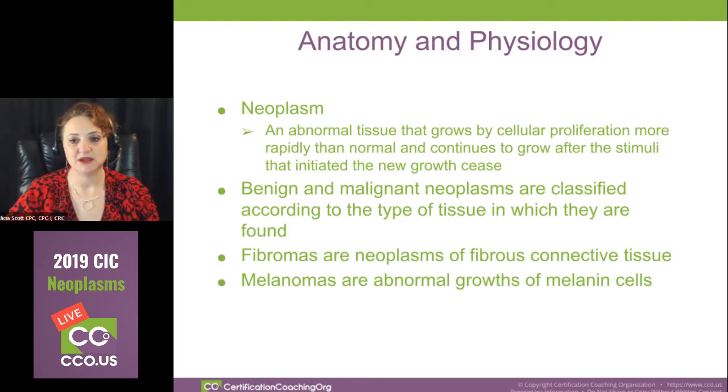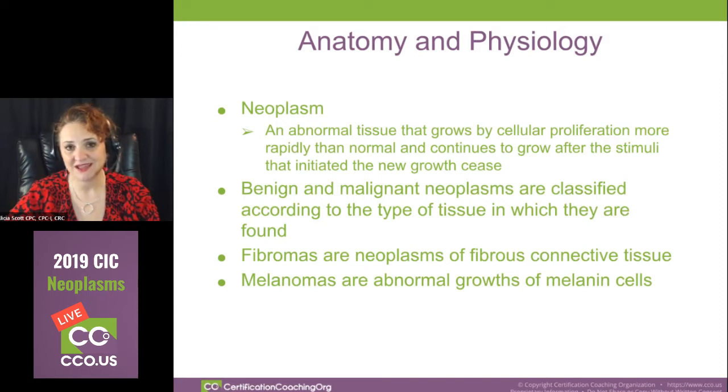Going back to the anatomy, and I already really kind of covered this, a neoplasm is just when the cells are abnormal. Every cell in our body has a timeline for creation of new cells, a life expectancy of a cell, the way that it dies, and what happens to the cell once it dies, how the body rids itself of that.